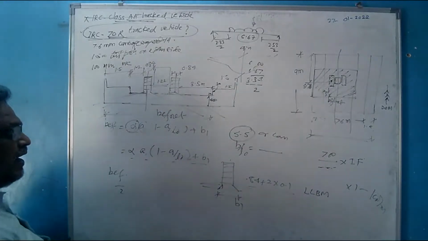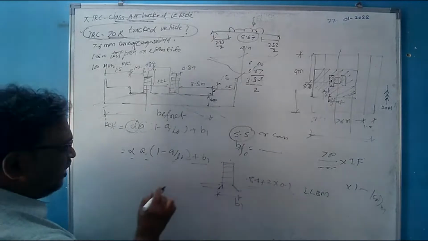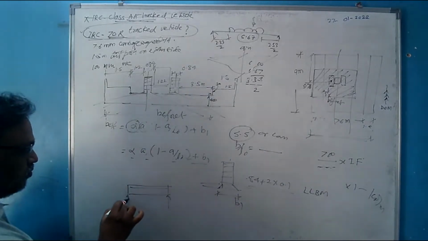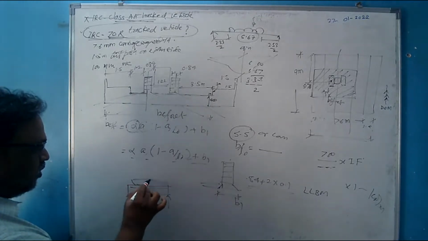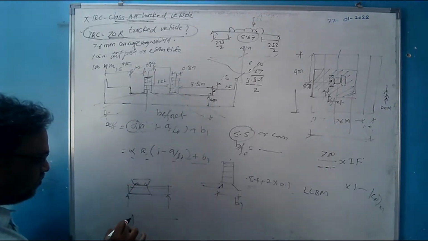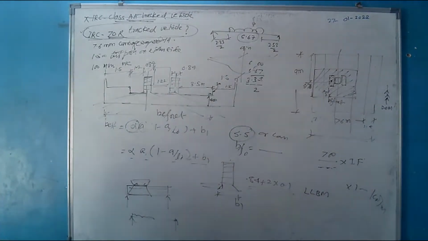For shear force, what do you have to do? The same vehicle, now we have to place close to the support, such that the dispersion effect must end here. So this is how it will be now.